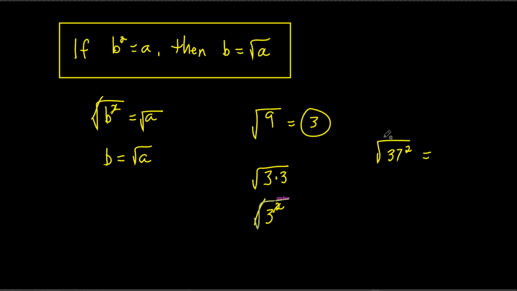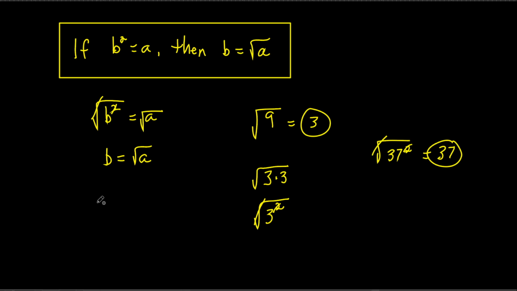No, because you see a square root, you see a squared, so you know they cancel each other out. So what is the answer to this without really using a calculator, without even thinking that much? Somebody tell me. Just 37 is all it is. So that would be 37. Again, because the square root and the square undo each other, they cancel each other out, and you're left with something pretty simple. Everybody with me on that?